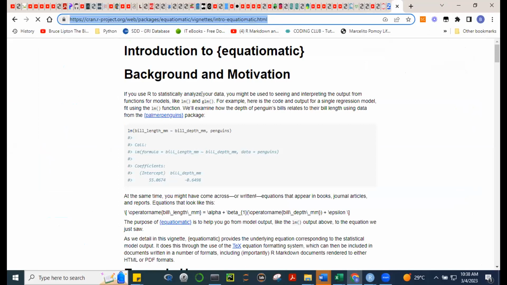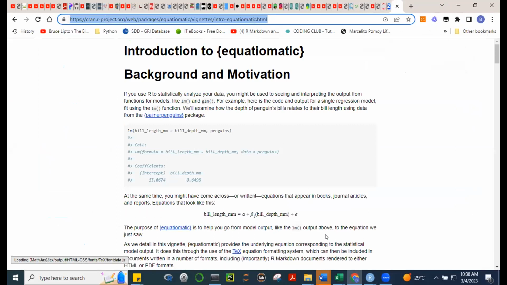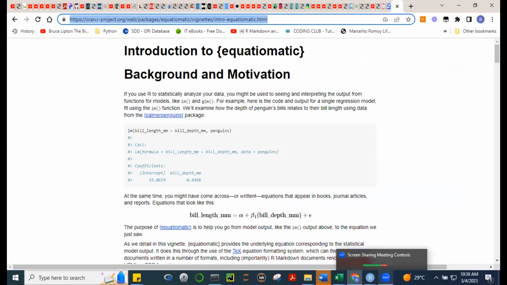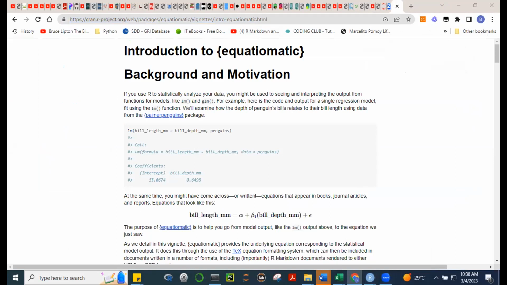Okay, so this is a very good reference. Let me share this in the chat box. Can you refer to this?